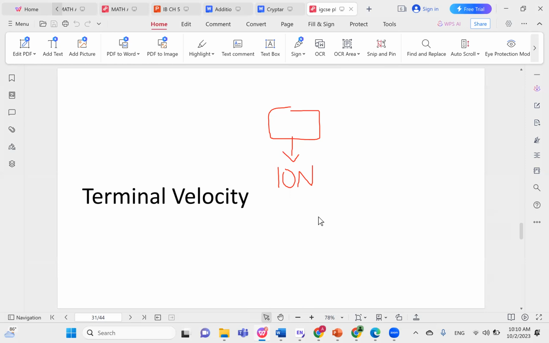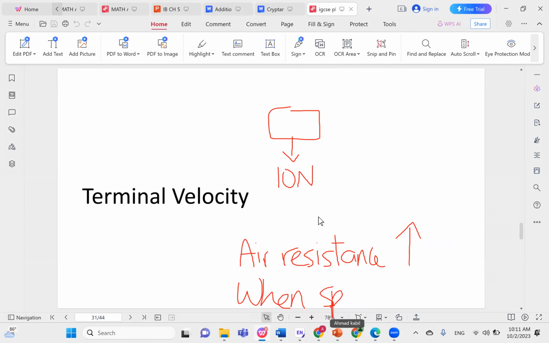So since the object is accelerating, its speed increases. And what we need to know is that air resistance increases when speed increases.